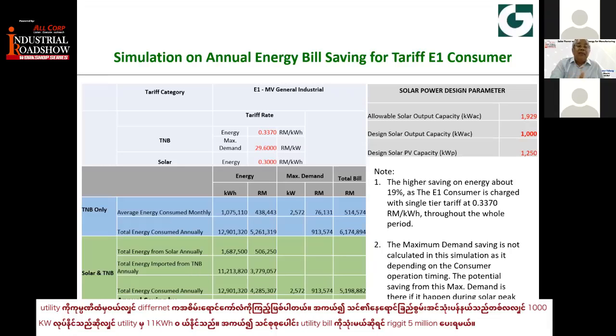Say your solar panel can do 1 million kilowatt hour per month, and you only buy 11 million kilowatt hour from the utility. If you use the total utility bill, you pay 5 million ringgit. But if you use the combination of solar and utility, you pay 4.2 million ringgit. In that sense, you save about 19% of your bill.